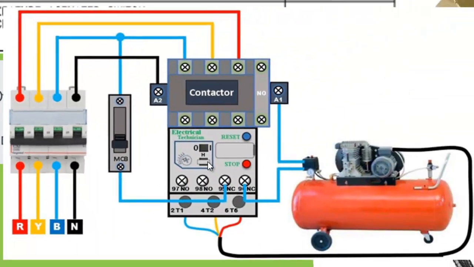Next, this is how it could be wired or installed physically. Remember we looked at this circuitry when we were considering the pressure switch. That pressure switch could also be a temperature switch.